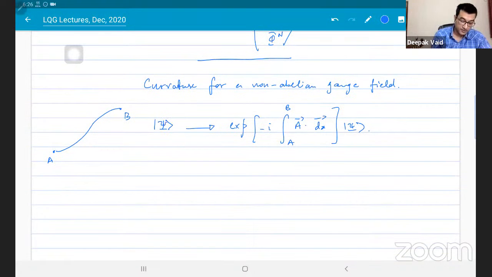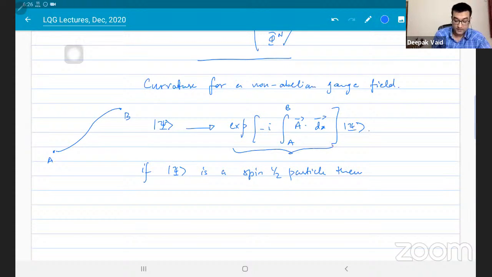But if your state corresponds to a spin, so if psi is a spin 1/2 particle, for example, then this is your group element. Then g is an element of SU2.